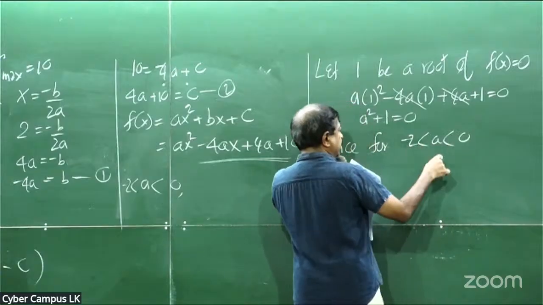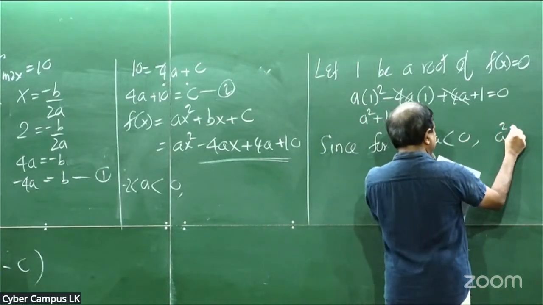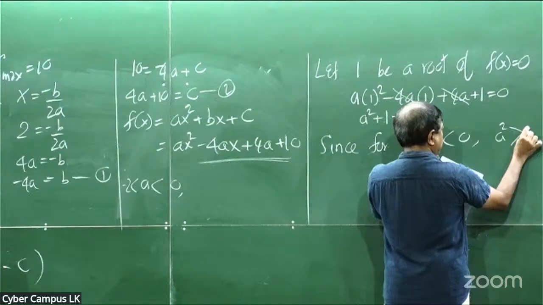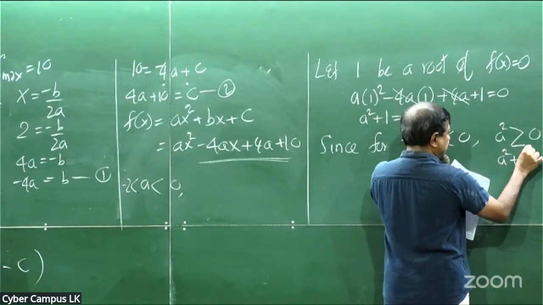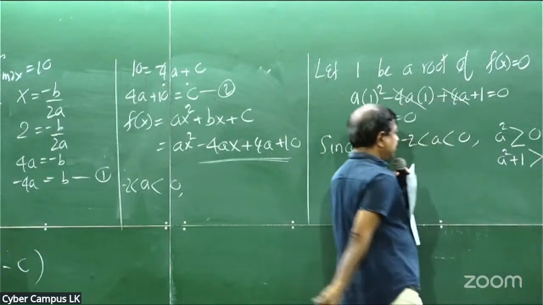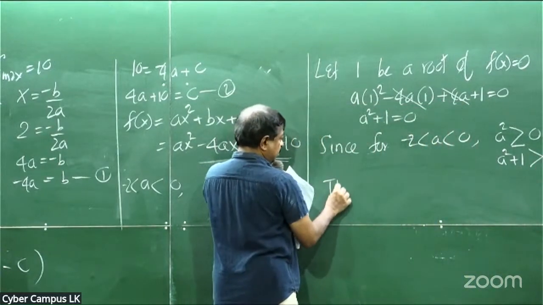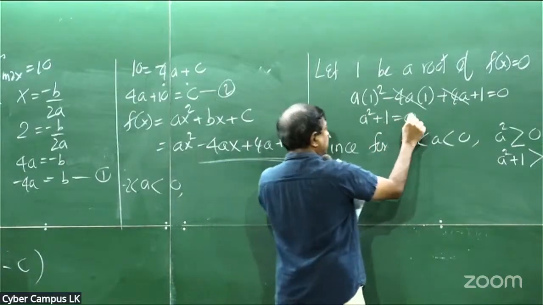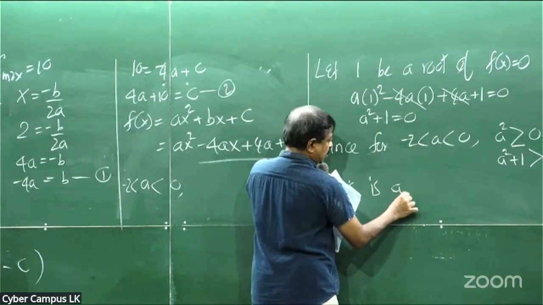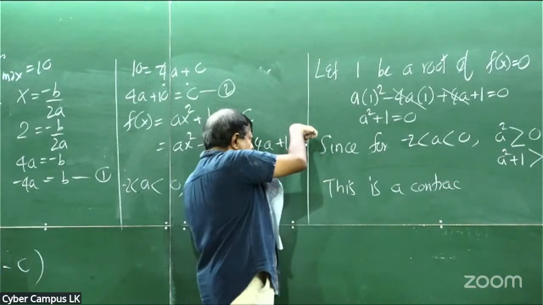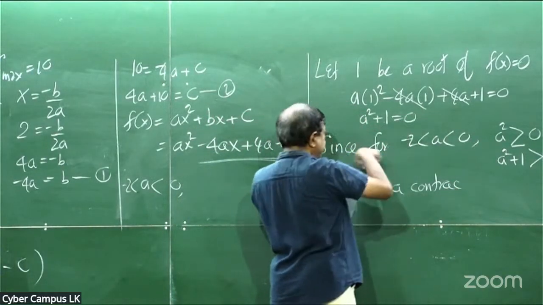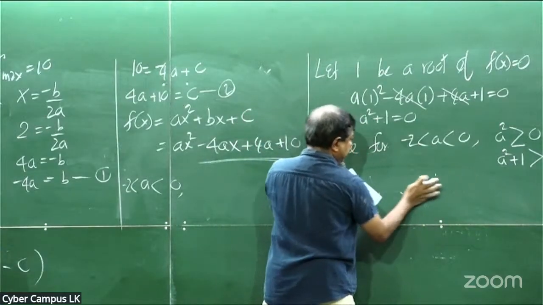No matter what the range is, a squared is greater than or equal to 0. So a squared plus 10 is greater than 0. So this is a contradiction. Well, we can claim it like this: this is a contradiction since blah, blah, blah.